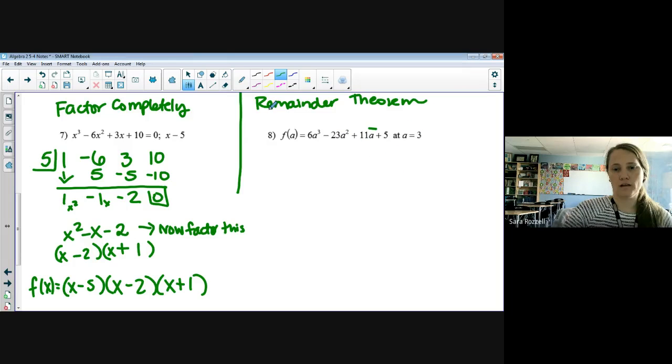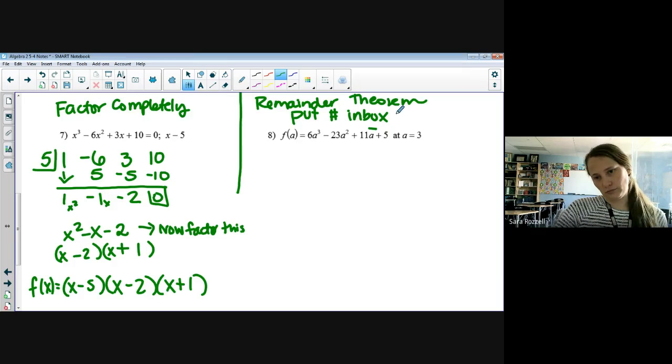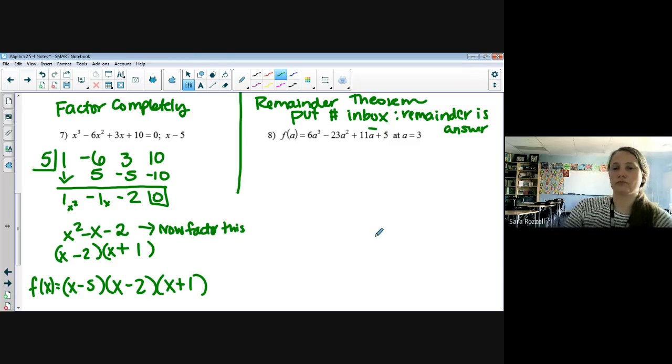Okay? So for the remainder theorem, you put your number in the box, and the remainder is the answer. That's just a straight mark.